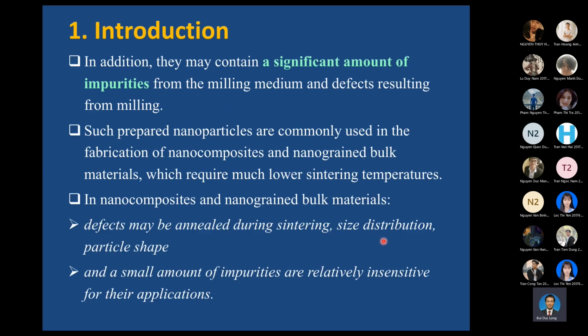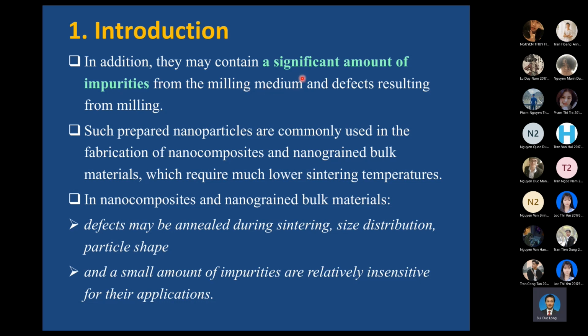You also need to remember that this approach contains a significant amount of impurity from the milling medium, and defects resulting from milling. Of course, we have some techniques to reduce the impurity from the milling medium.